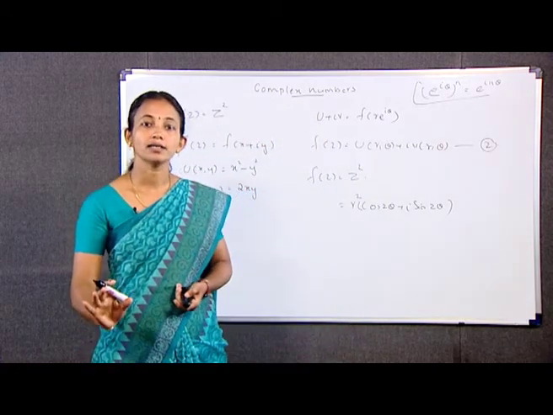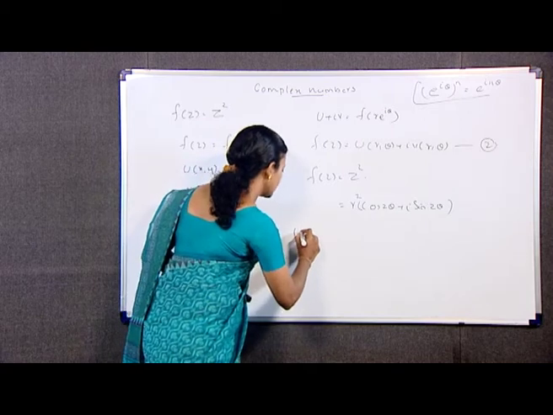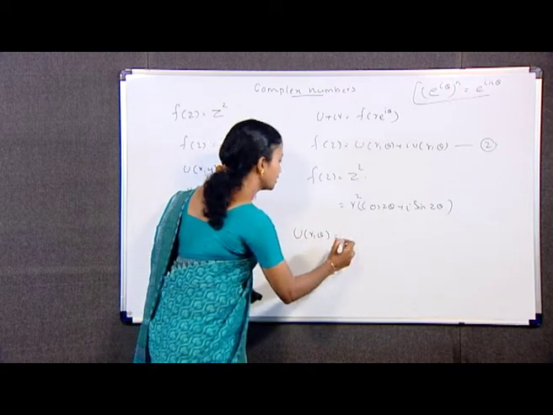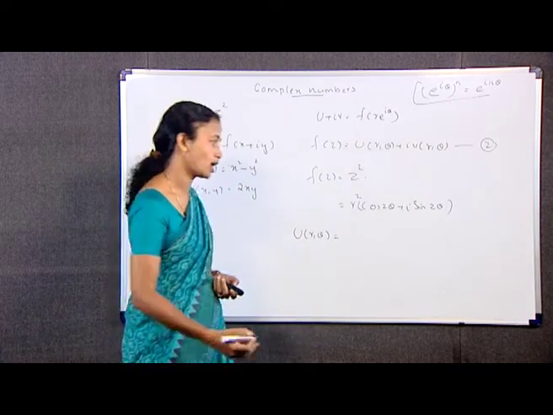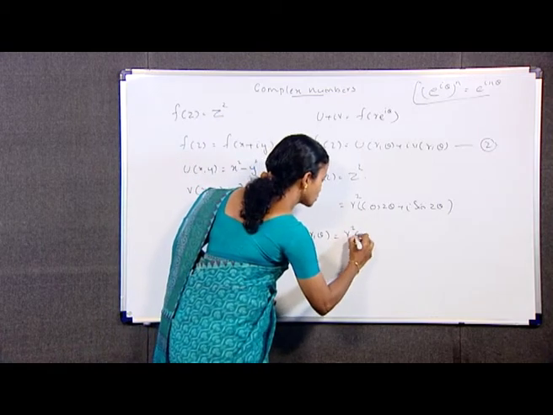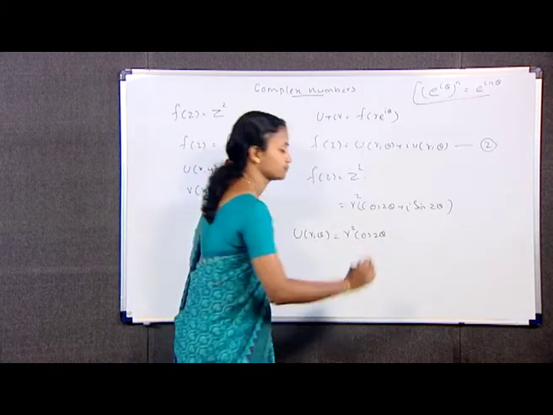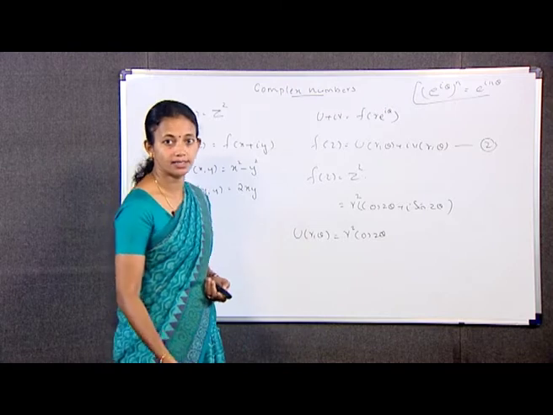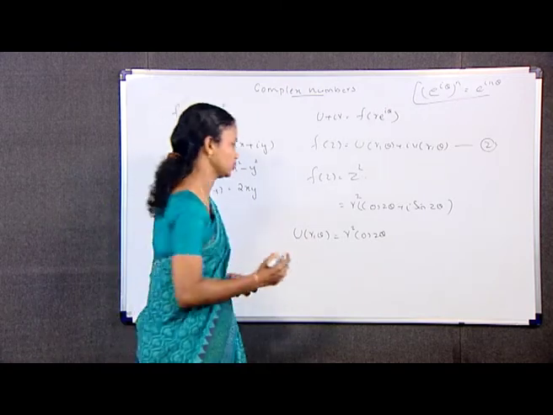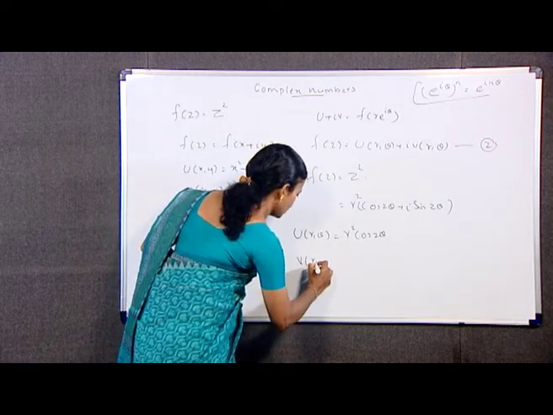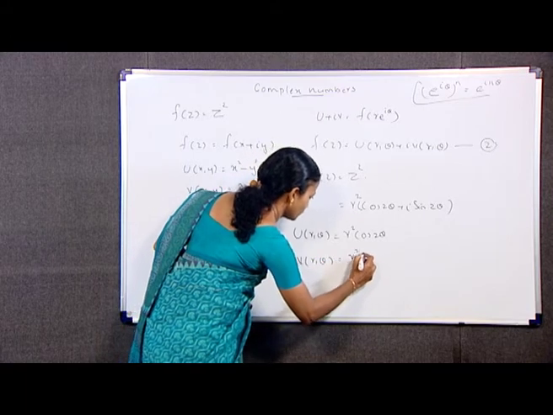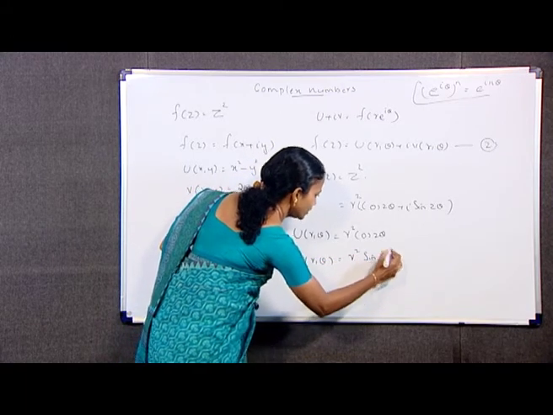Consequently, u(r,theta) is equal to r square cos 2 theta, and v(r,theta) is equal to r square sin 2 theta.